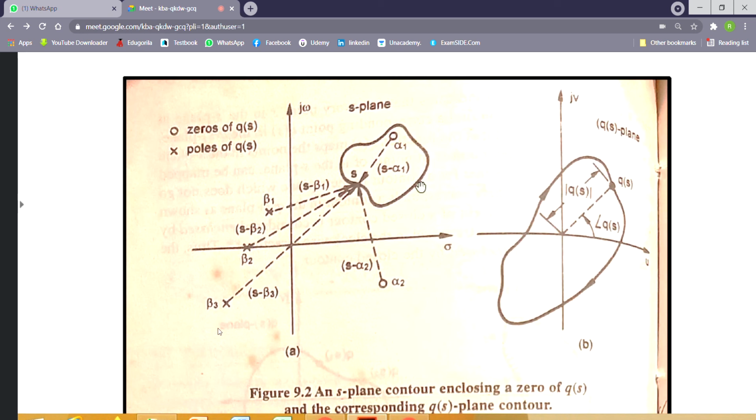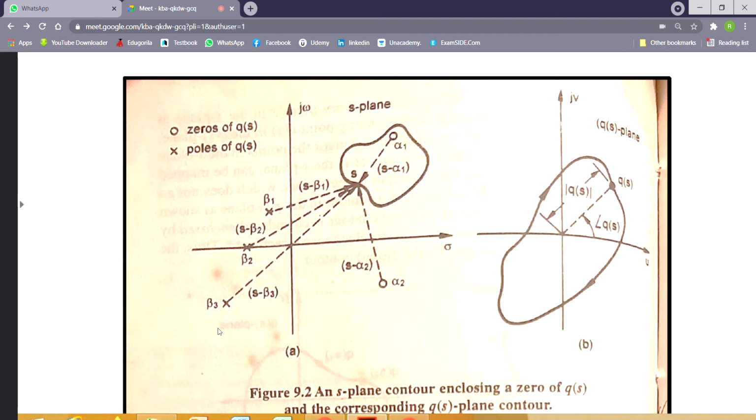Or in other words, though it's not a circle, the net change in angle of this phasor will be equal to 360 degrees, as it is having a complete rotation, right?